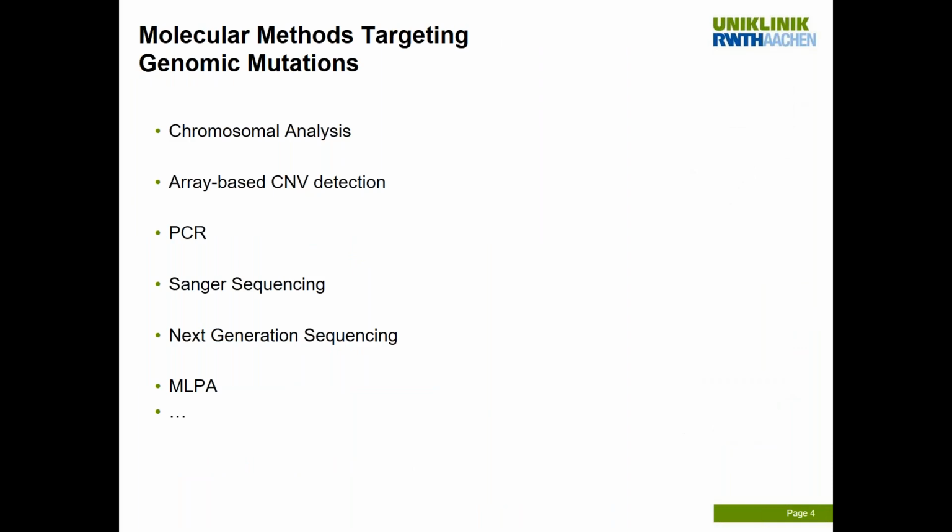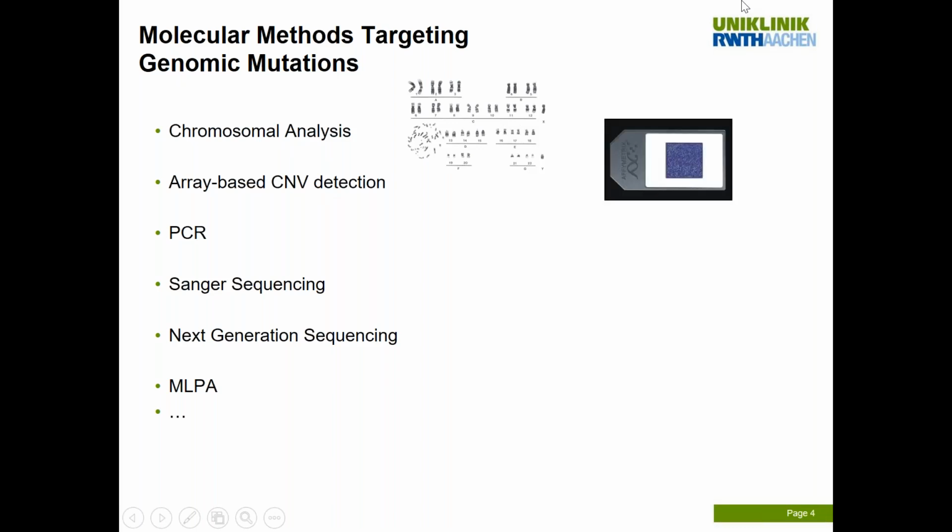A broad range of tools is available for human genetic testing. We can target, as I already said, chromosomal aberrations by conventional chromosomal analysis. We can use array-based CNV detection tools, the microarrays. Then we have, of course, PCR as a standard and basic tool of genetic testing.